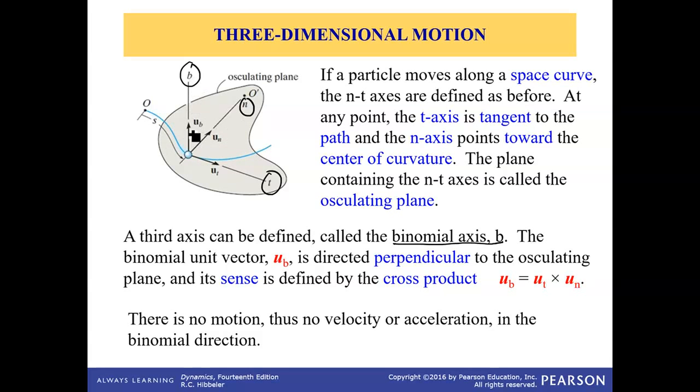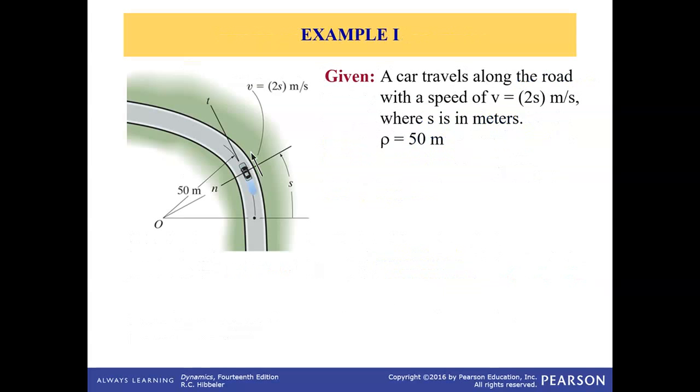It does not have any motion along the binormal direction. That's what we assume for now. So the particle does not have 3D curvature motion, but only 2D motion in the normal-tangent plane. Now we are going to see a few examples of how to calculate normal and tangential acceleration in the next video.